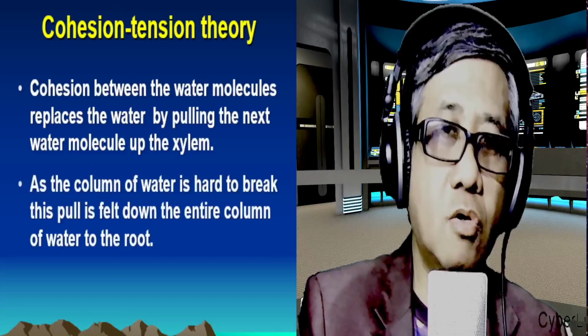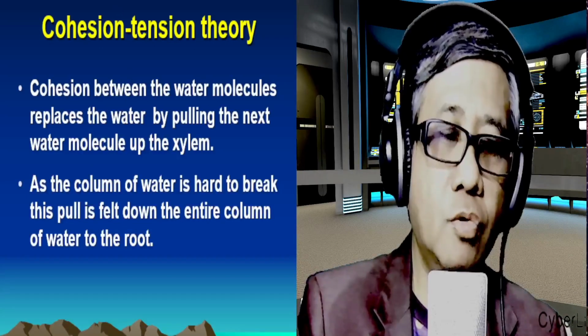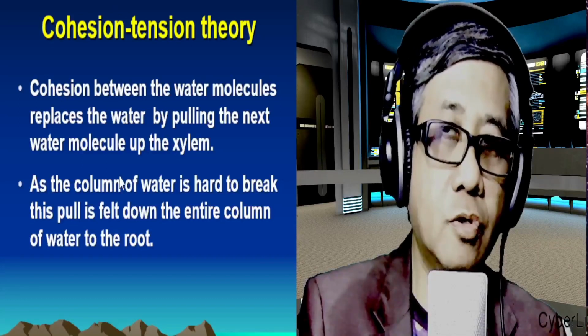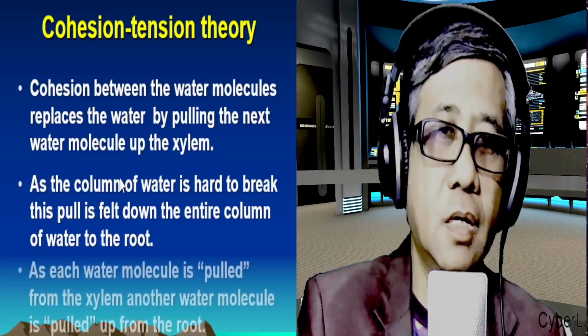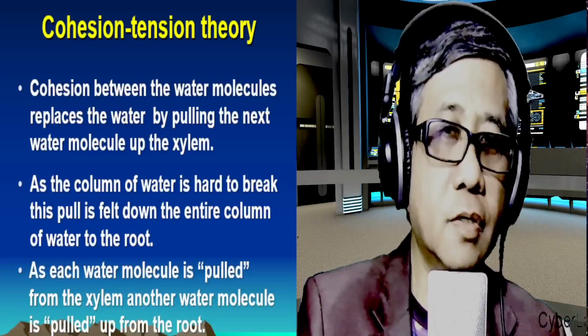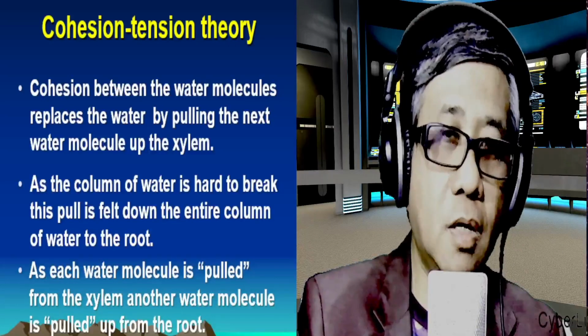As the column of water is hard to break, this pull is felt down the entire column of water to the roots. As each water molecule is pulled from the xylem, another water molecule is pulled up from the roots.